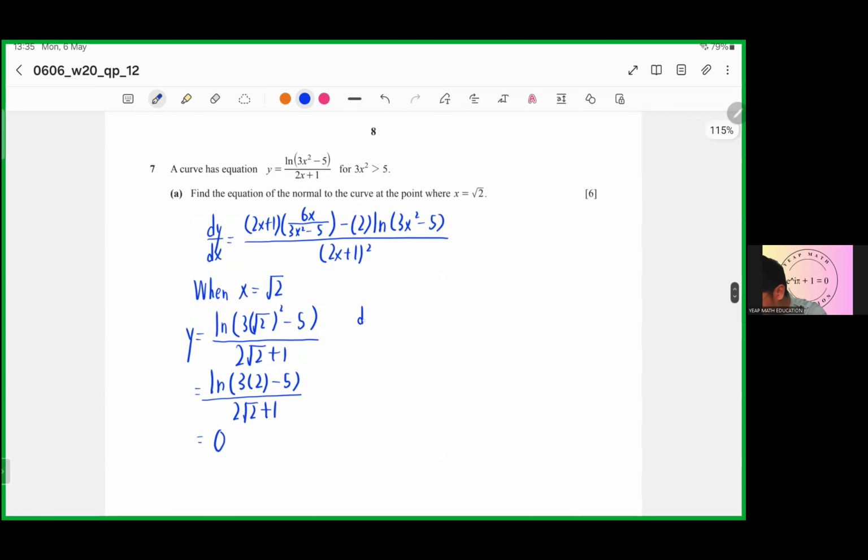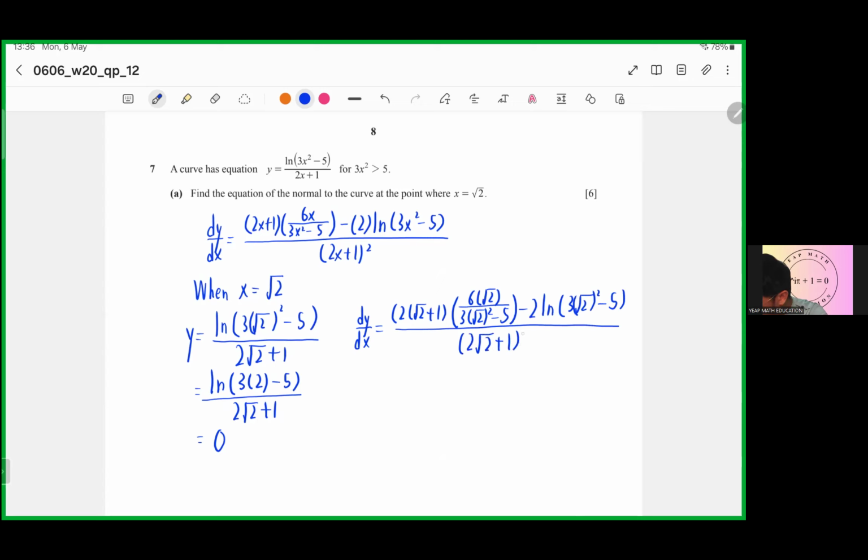So now we find the dy/dx. 2 times 2 plus 1, and then here is 6 times 2 over (3 times 2 squared minus 5), and then minus 2 ln(3 times 2 squared minus 5), over (2 times 2 plus 1) squared.